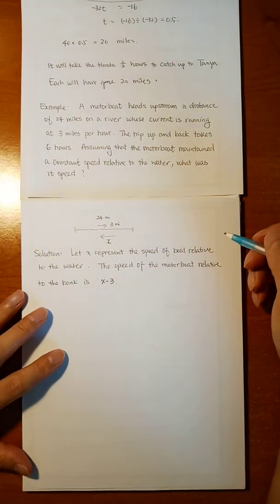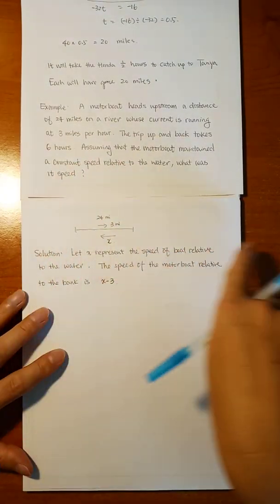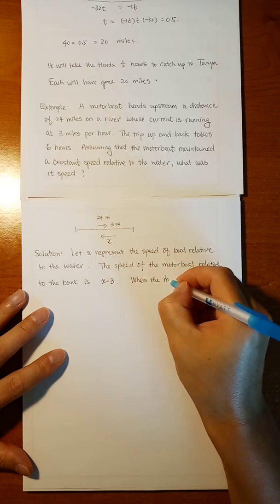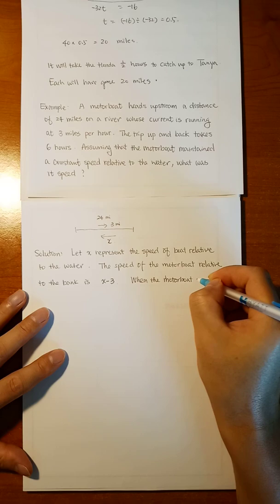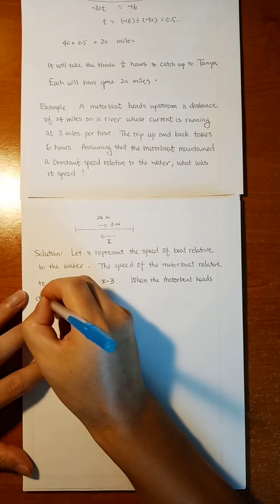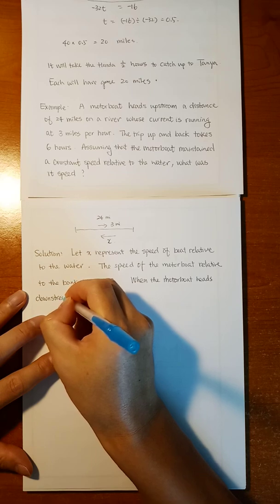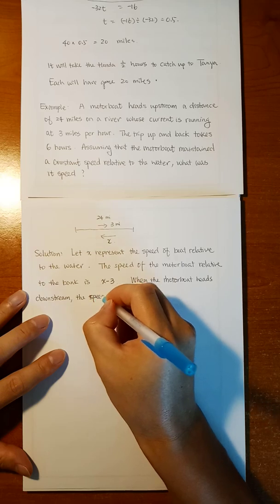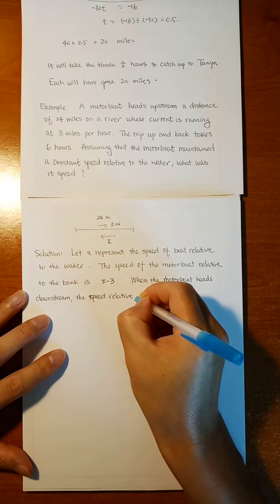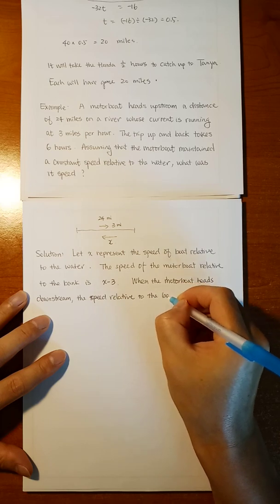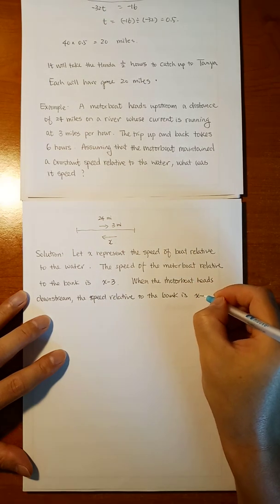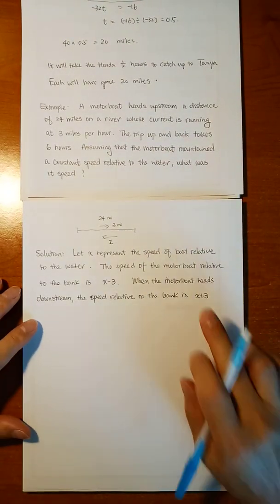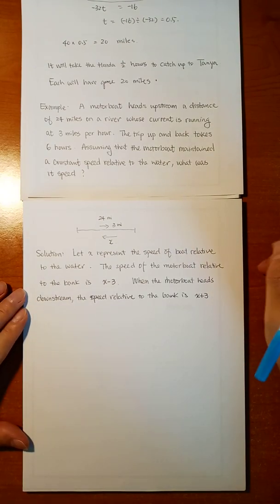This is upstream. If it's downstream, the speed relative to the bank is x plus 3, because even if you don't have speed, you will follow the current at 3 miles per hour. So you have to add this 3.